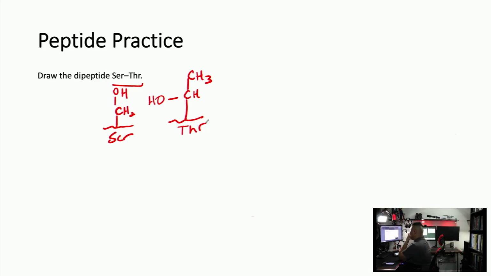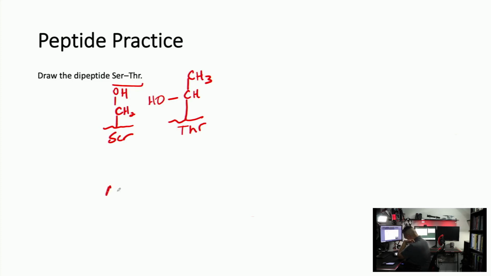And so when I do this, I always draw out the R group so I can remember what they look like, because even I forget them sometimes, and I'm supposedly a formerly trained biochemist. Anyway, once I get that straight and I know what the R groups are, I draw the backbones first.